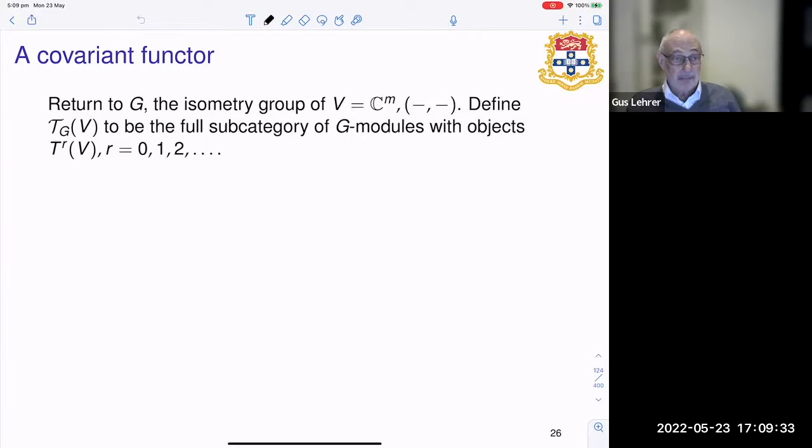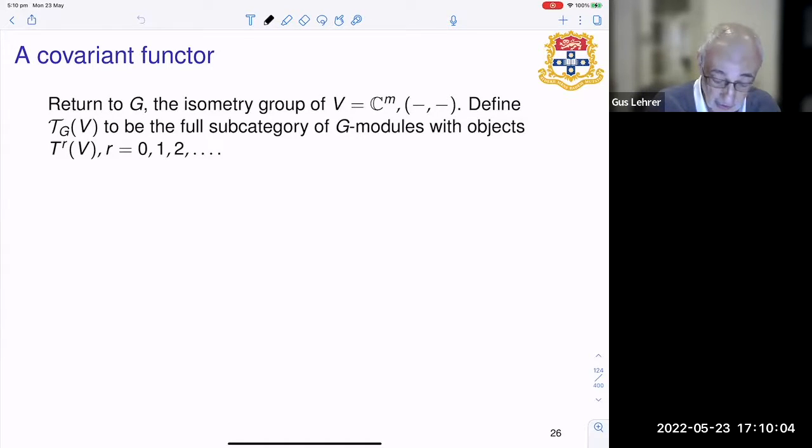And now we're going to see how to make use of those concepts in the invariant theory of the isometry groups of forms, once again in the classical context to begin with, and later in this lecture we'll move on to the case of supergroups.